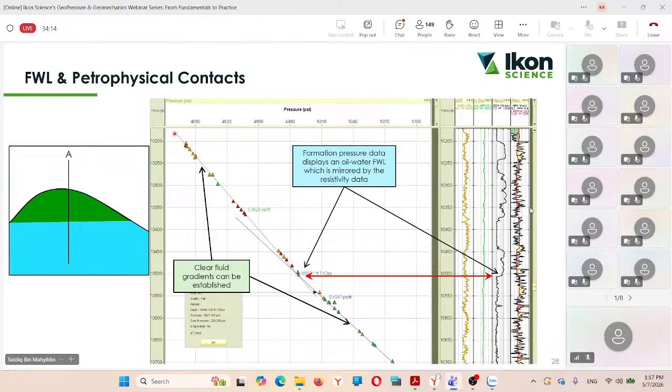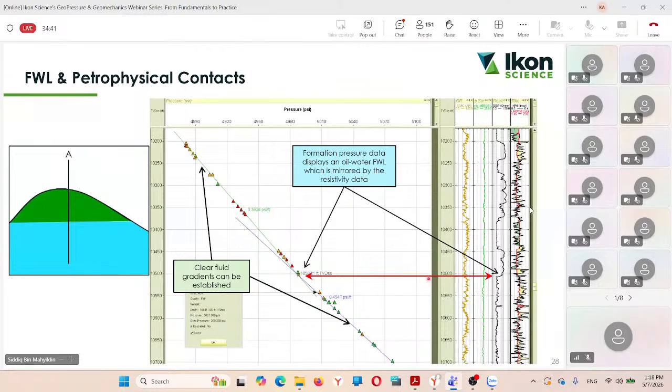So you will have one straight nice line for your oil gradient, and then one straight line for your water gradient. And these gradients have their rule-of-thumb ranges, like what is the water gradient, what is the oil gradient, right? And when you draw the lines, the intersection is basically where you have the free water level for the oil and water contact. So it could give us some ideas on where we have the free water level.